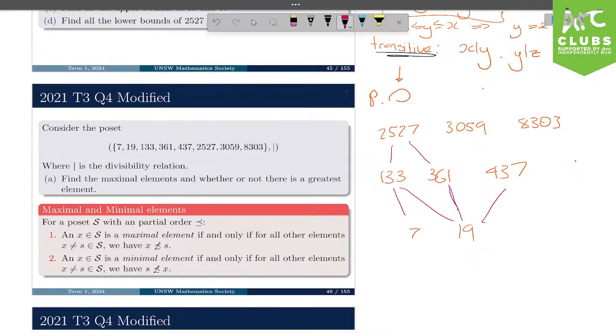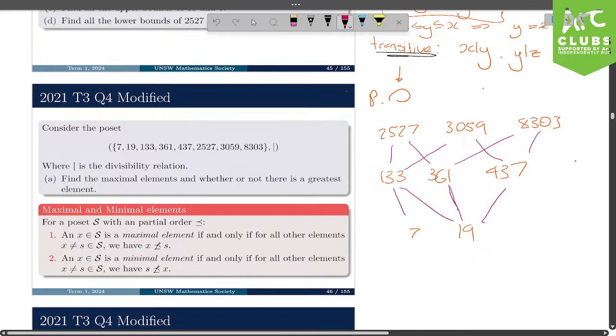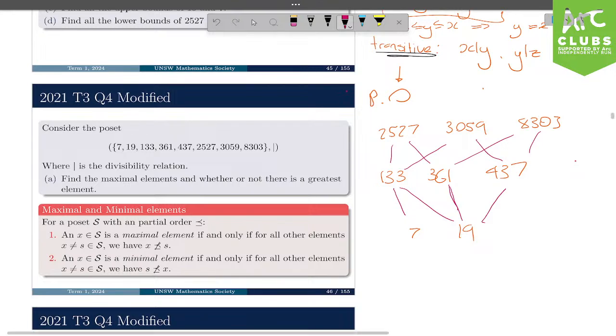We get that 437 and 133 are factors of 3059, and that 8303 is a multiple of 361 and 437. So this is our Hasse diagram, and this will help us find maximal and minimal elements.